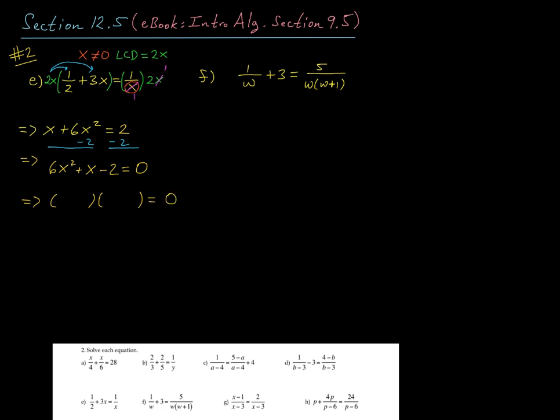So let's see, to build the 6x squared, my options are 3x and 2x or 6x and x. Okay, so let's say I'll try a 3x and a 2x just to try it. And then for the 2, well, I can try just 1 and 2 or 2 and 1. Okay, if I try, say, 2 and 1, can I get a middle term of x to come out of that?